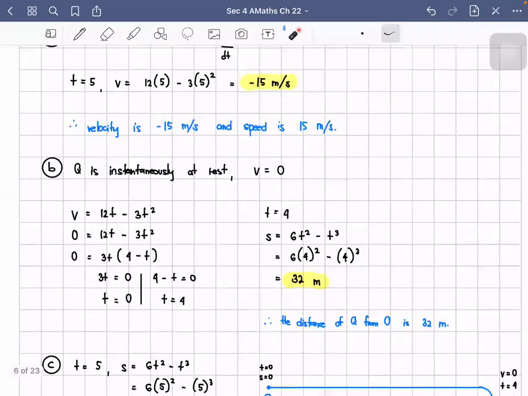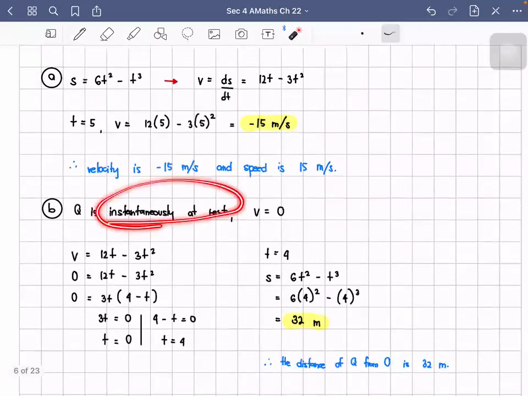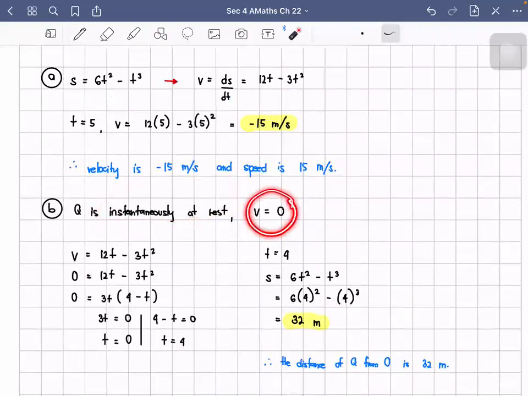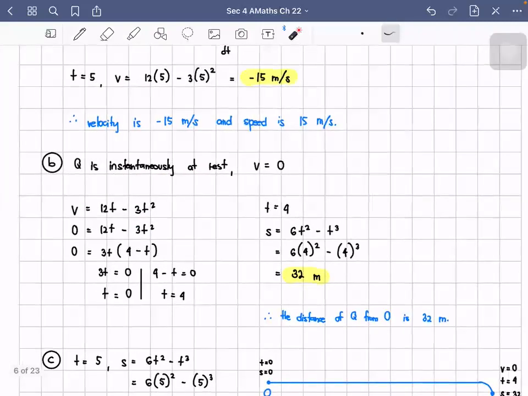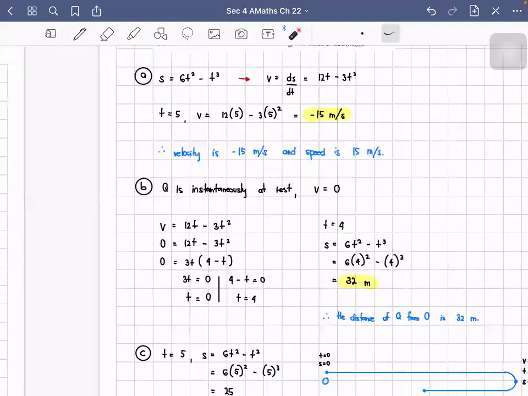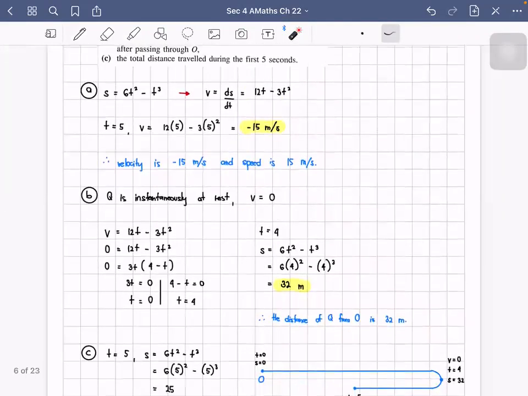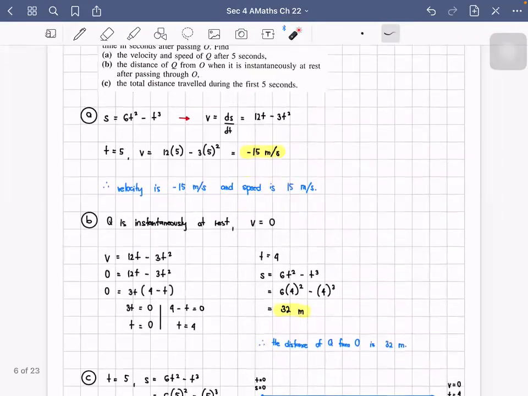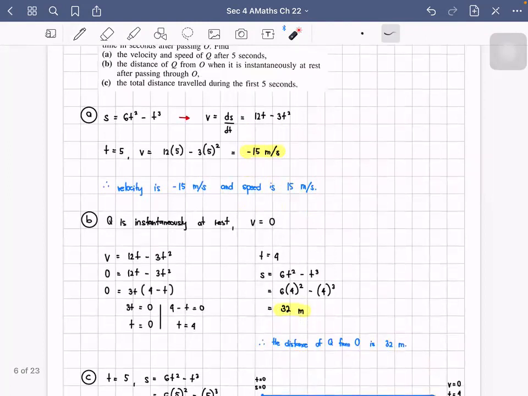So if you see this phrase, that means velocity is equal to 0. So therefore, we first need to solve for the time, because we cannot solve for displacement or distance without time.